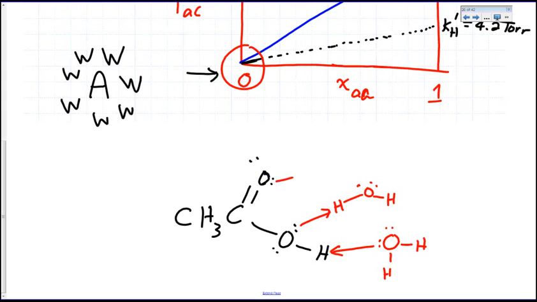This oxygen right here could interact with the hydrogen of a neighboring water molecule. And so can this one, and this one as well. So there's at least 5 different places in the acetic acid molecule where you can have hydrogen bonding interaction with water molecules.